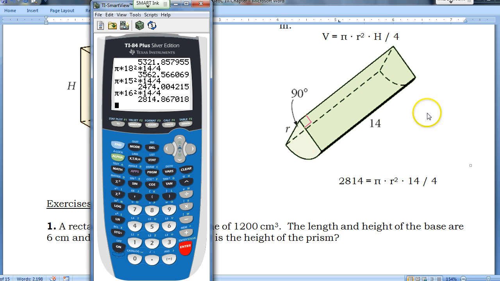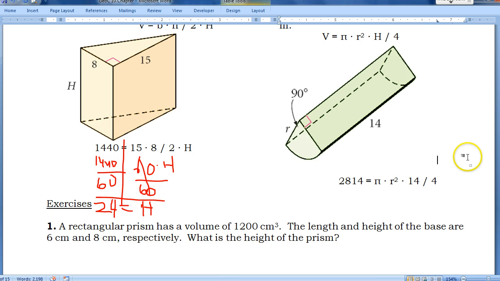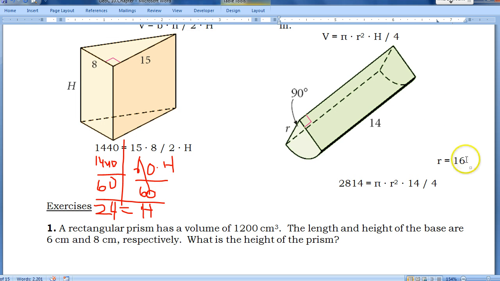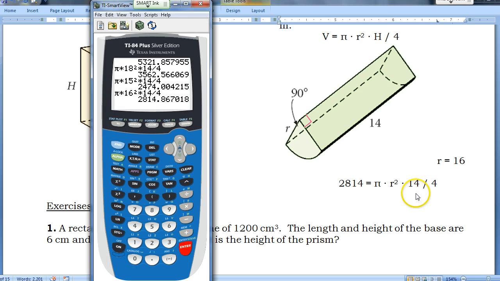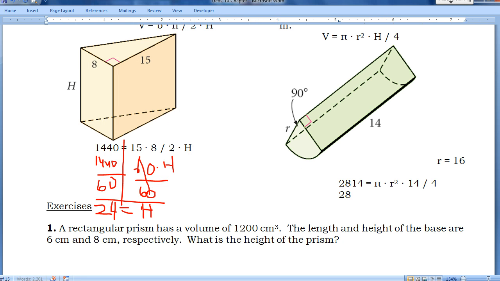So if I wanted to try the more algebra approach, we're going to combine all of our numbers on this side. I have pi times 14 divided by 4. We'll round that to 11. So over here I have 2,814 equals 11 r squared.